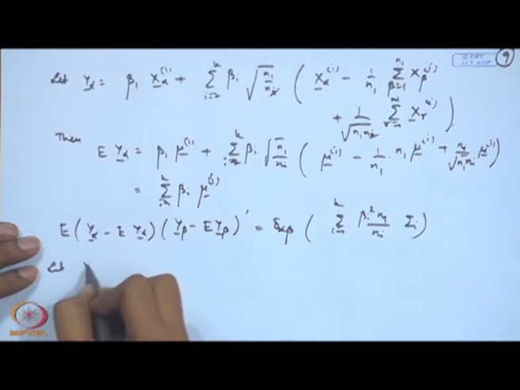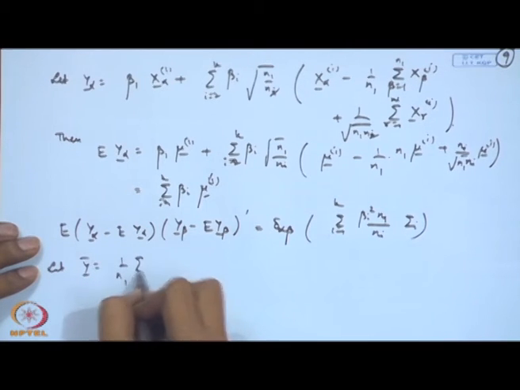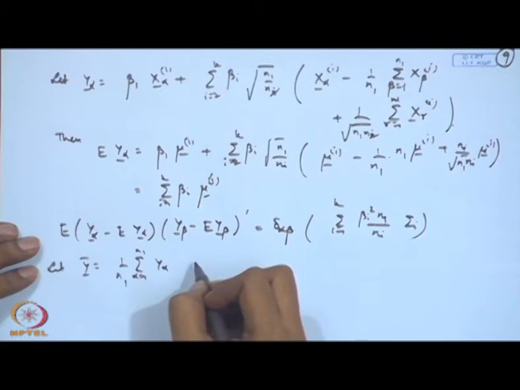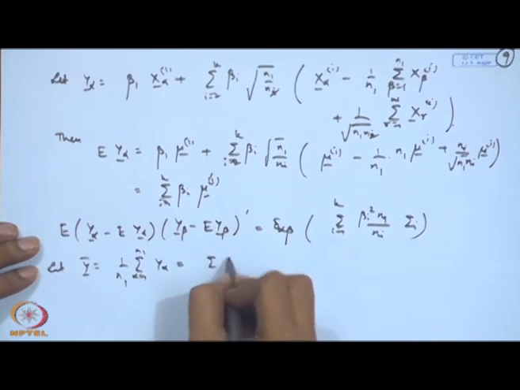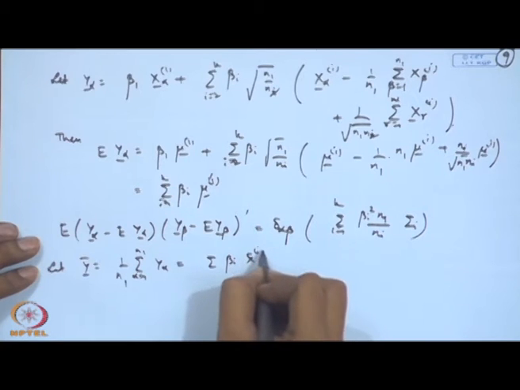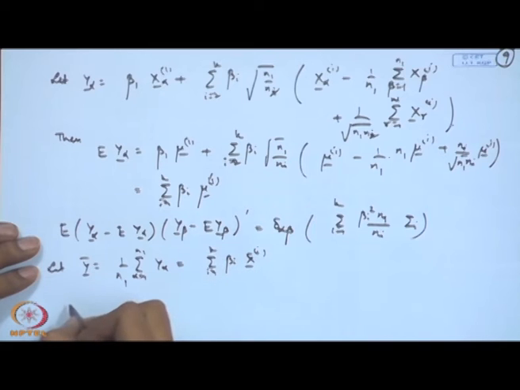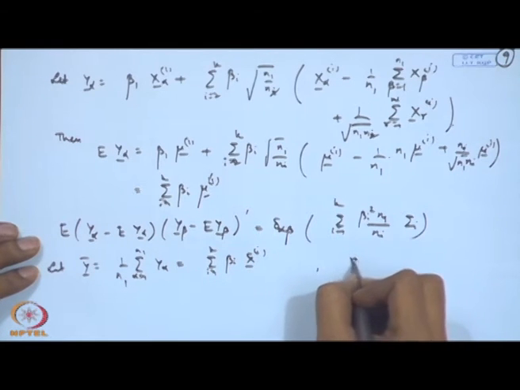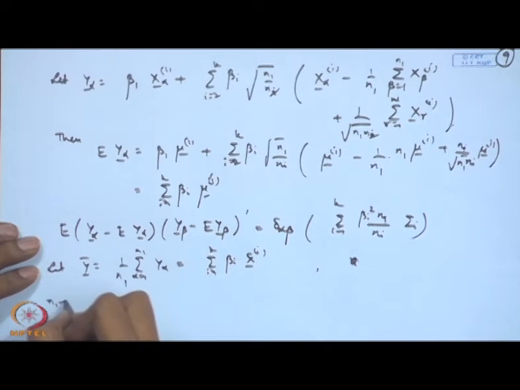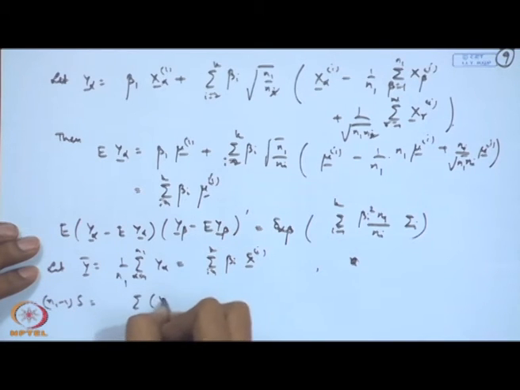If I assume y bar as the mean of this based on n 1 observations only, so this is equal to sigma beta I x bar I, where of course x bar I is the mean of the ith sample and n 1 minus 1 S is sigma y alpha minus y bar y alpha minus y bar transpose, alpha is equal to 1 to n 1.